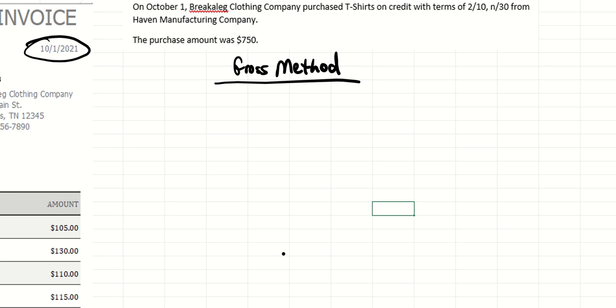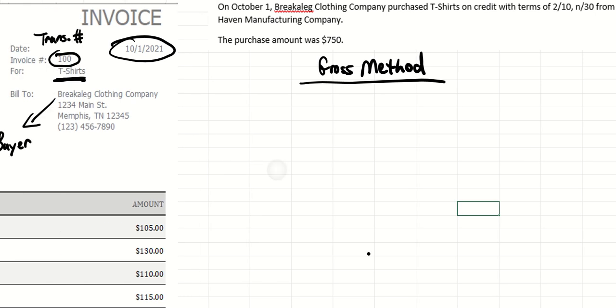In other words, when a purchase happened, let's just say on October 1st, the company's going to go ahead and record that purchase right then and there. Pretty much what actually happened on that date. So that's what the gross method means.